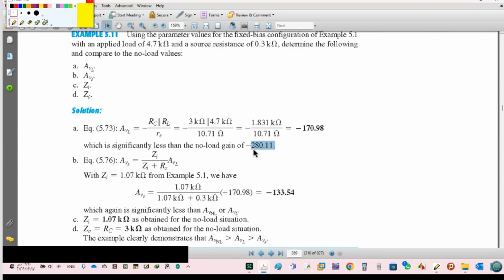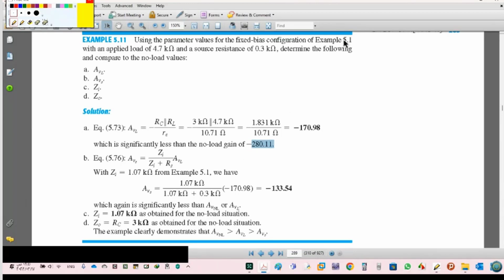So first of all, we have to calculate AV no load, then AV load, then AVS. In the exam, excuse me, you have to start with this example, 5.1, find all the parameters, then go to the rest, for example, AV load, AVS.